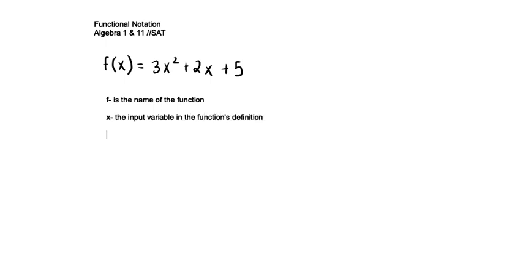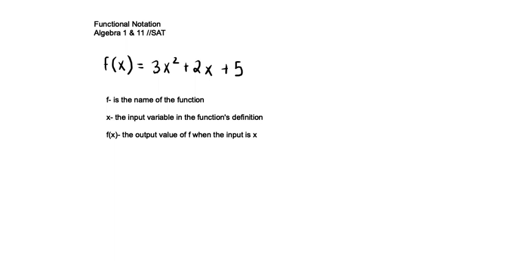If x is the input variable, what would f of x be then? It seems f of x is simply the output value of f when the input is x.